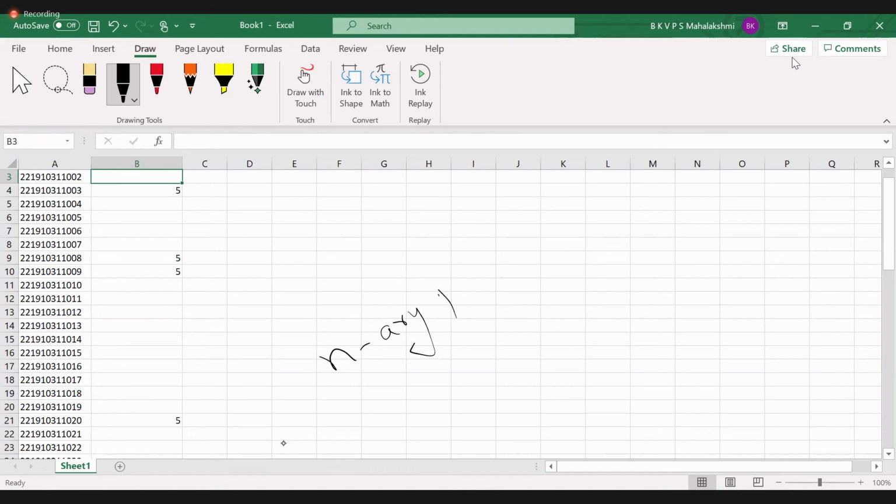N-ary. In entities, a relationship between entities, n number of entities. So what is the degree?